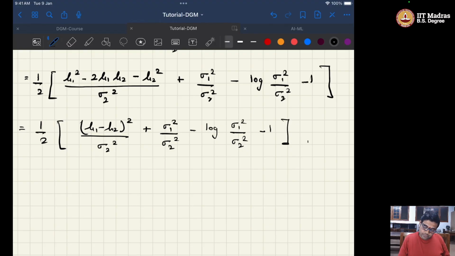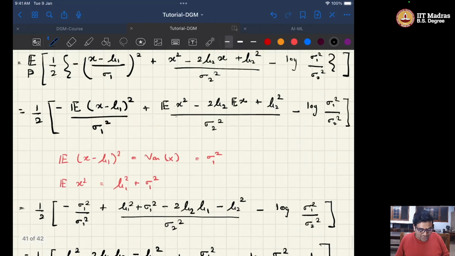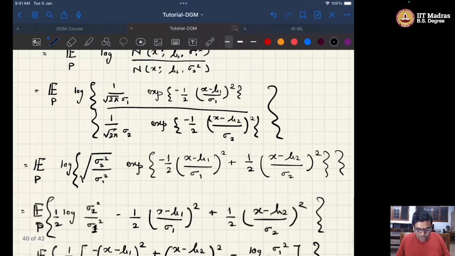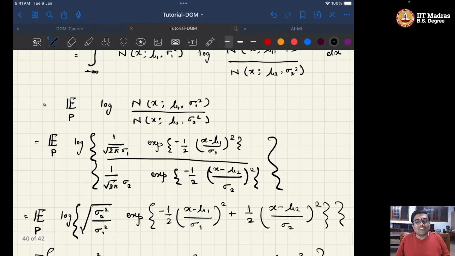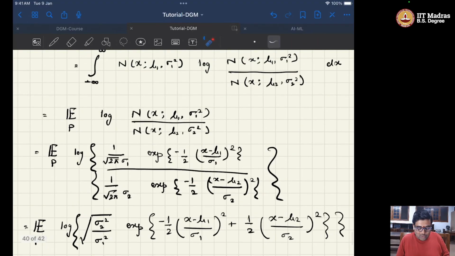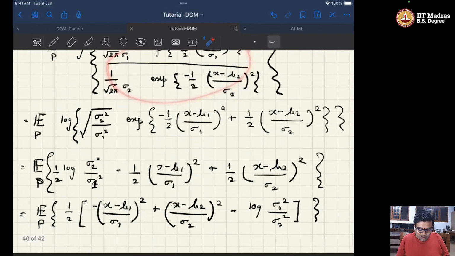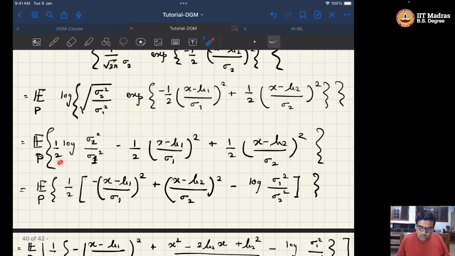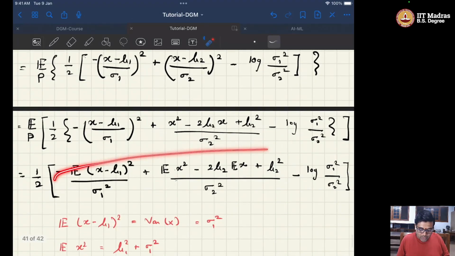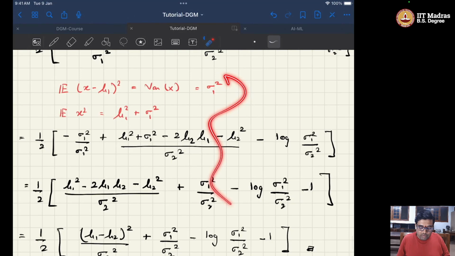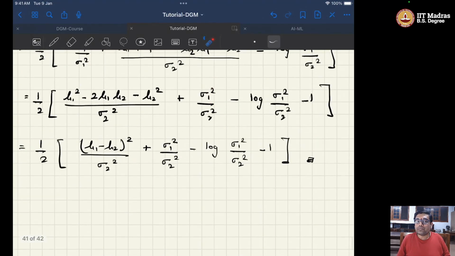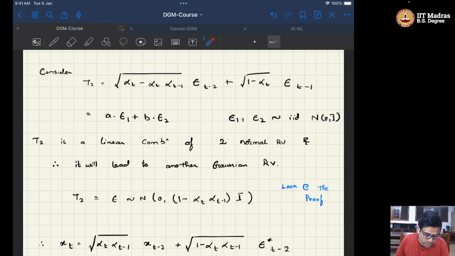Okay. Now this is the equation. Nice algebra. So what did you just do? The algebra may feel like too many things. You just substituted these, rearranged the terms, took the log inside, took the expectation inside, and substituted the values.